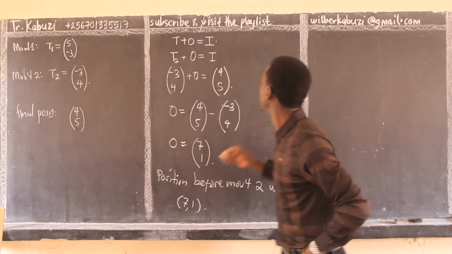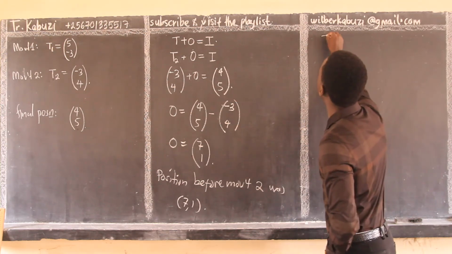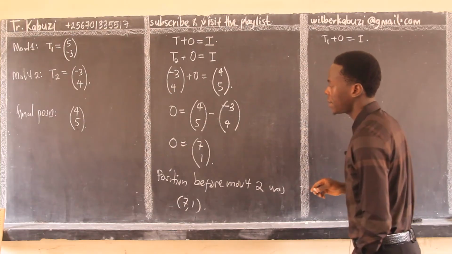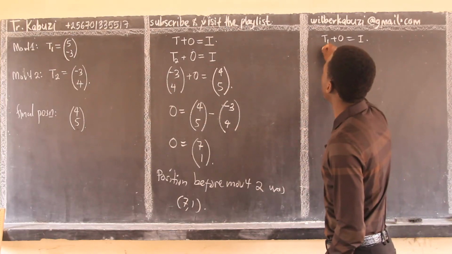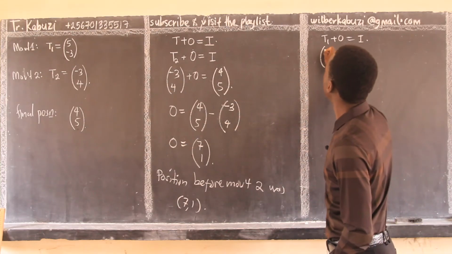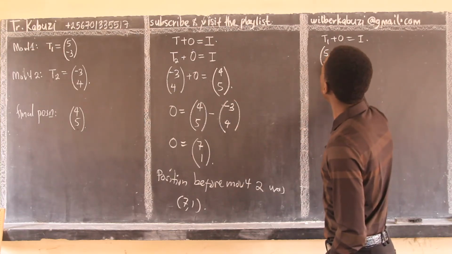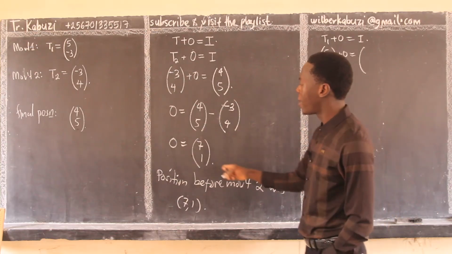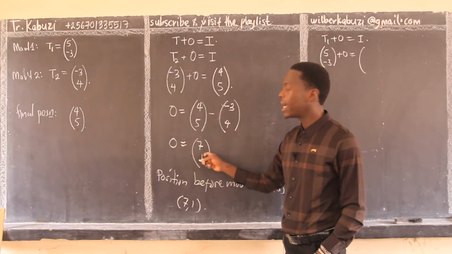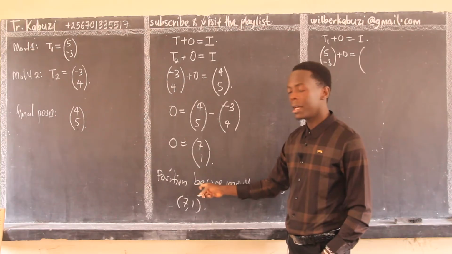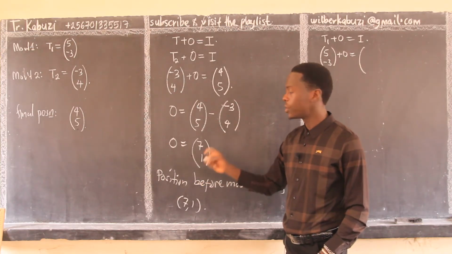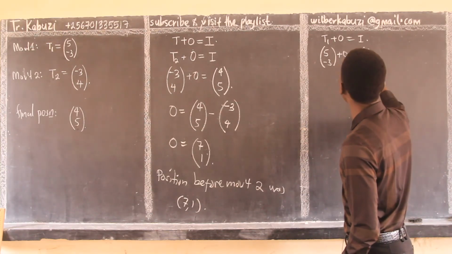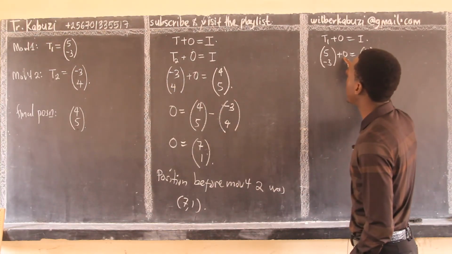So now we want the position before movement 1. Still we use our T1 plus O equals the image. Now, T1 was given there as (5, -3), plus the object we are looking for. Our image now is (7, 1), because this was the position before translation 2. Now I'm looking for the object before.